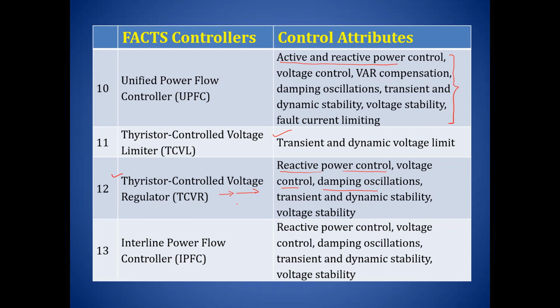So these are some attributes of the different types of controllers. In the next lecture, we will see the basic difference between FACTS technology and HVDC technology, not exactly a comparison.